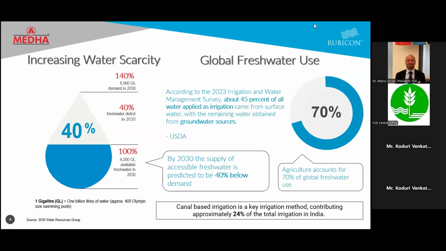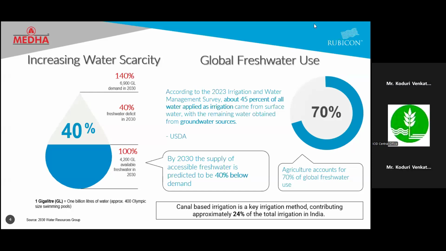This fresh water again accounts for 70% of the global water which is required for irrigation or agricultural practices. So agriculture requires around 70% of the global fresh water. Indirectly, we can consider water as the currency of life.